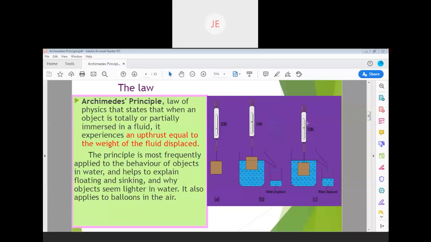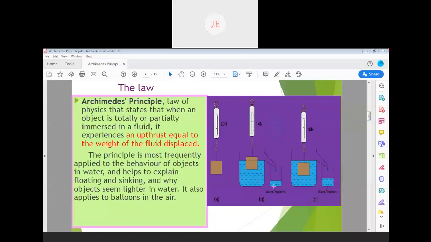Whenever you take the 20 Newton body in fluid A, it measures 14 Newton, and if you take the same body in fluid B, some other fluid, it measures 10 Newton, and it displaces 10 Newton of the other liquid.